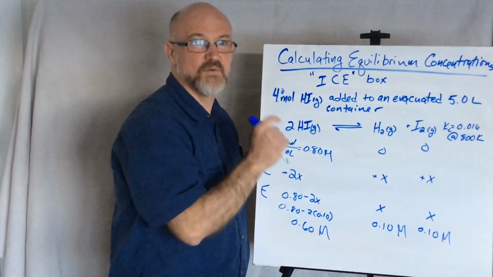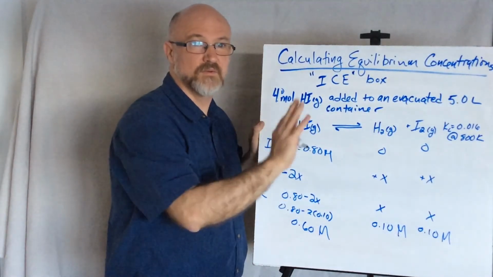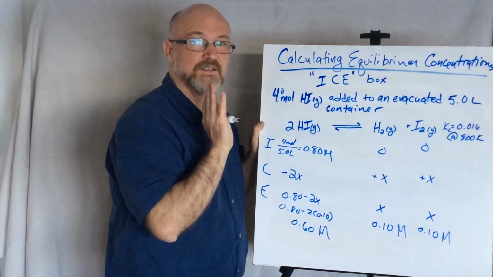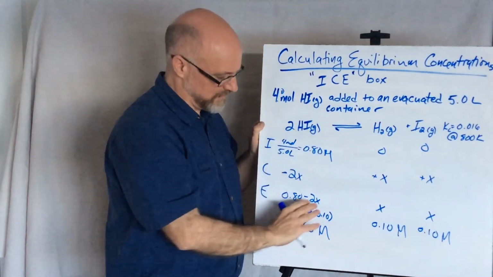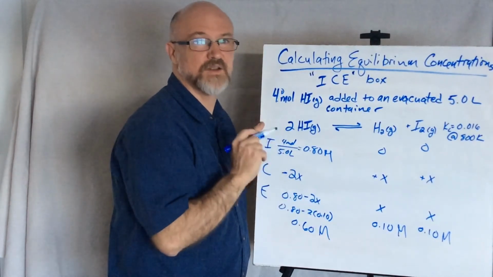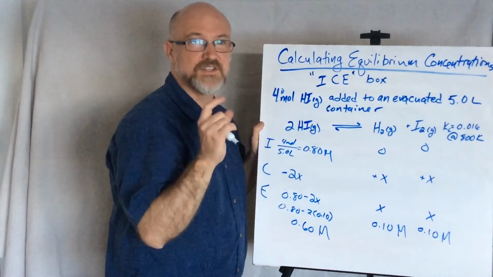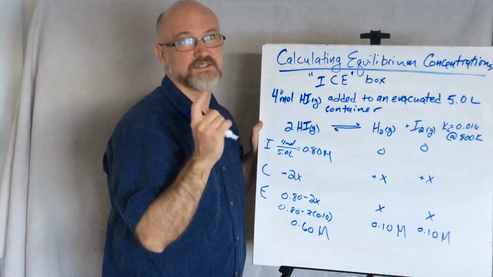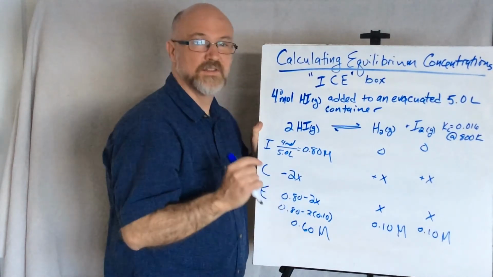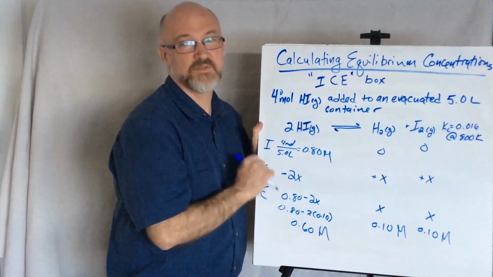If you do the algebra out and do a lovely quadratic equation, or if you're really a whiz kid with your graphing calculator, you plug it all in and graph it and find the roots, or you leave the impact of the x term on your starting concentration out and calculate it without it, and therefore avoid having to do the quadratic equation, if the difference in the answers is less than 5%, because that's considered statistically significant, then you can leave the x out of your equilibrium term for whatever it is that's getting reduced.